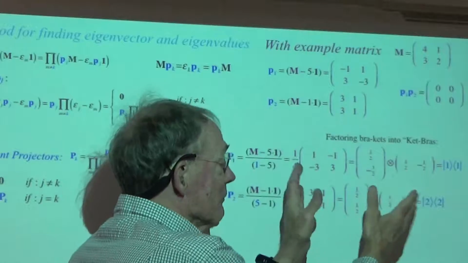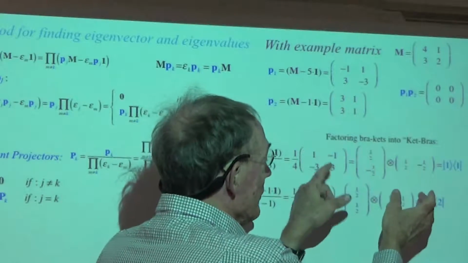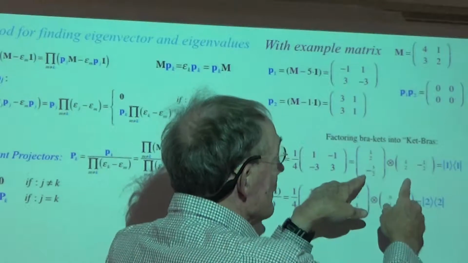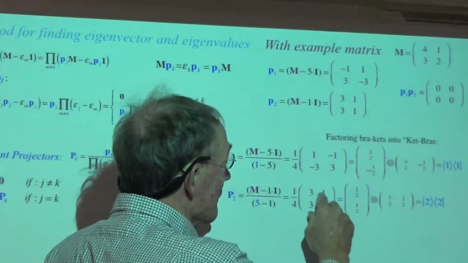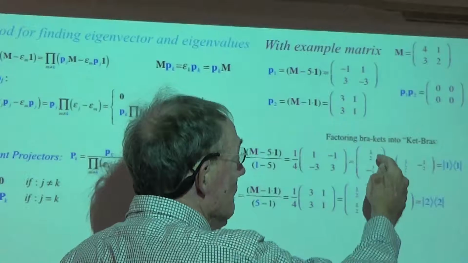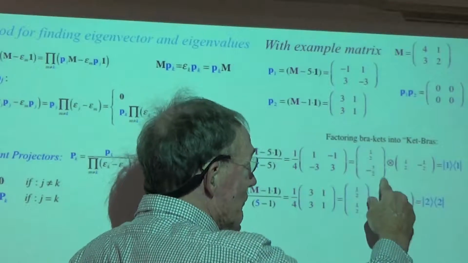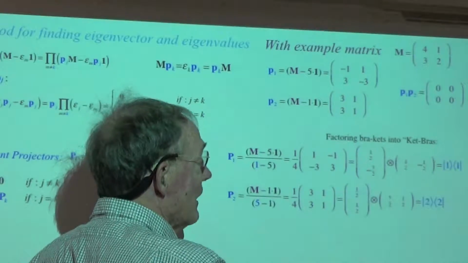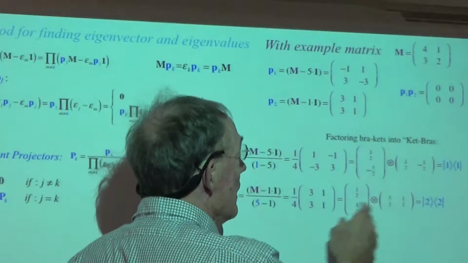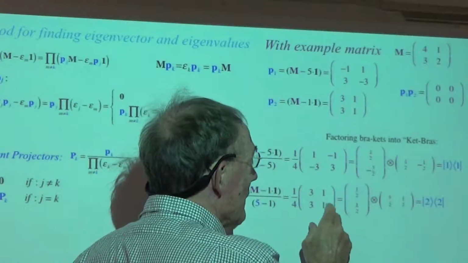That's the mathematical symbol for an outer product. But basically, you make this matrix by taking the thing that we had before, 1 and minus 3, and dividing by the square root of the coefficient that sits on the diagonal there. You do a similar thing with this matrix.